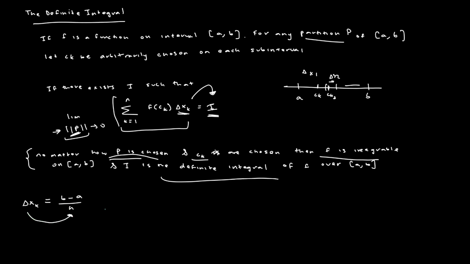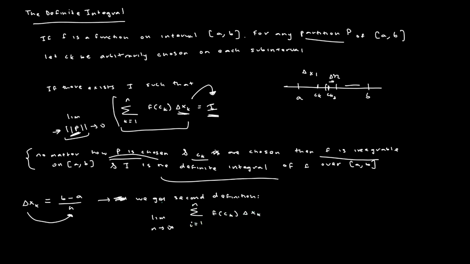This motivates, or we get, a second definition through this. And our second definition is just the limit as n tends to infinity of the sum from k equals 1 to n of f of ck times delta xk.